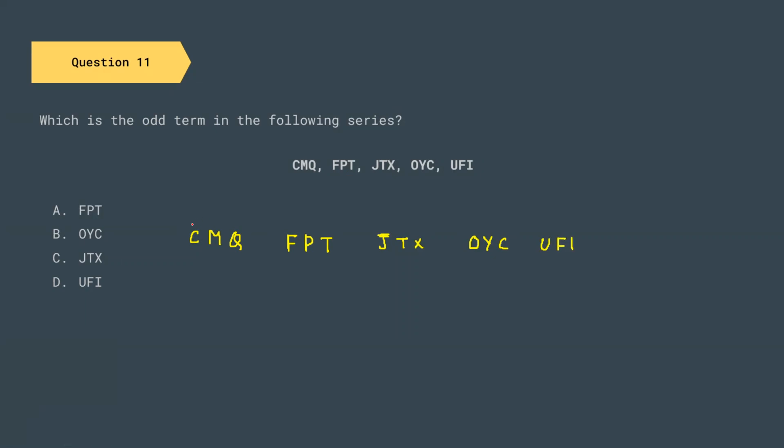So let us think. C, then F, that means this is C plus 3. F to J, that means it is plus 4. And from J to O, this is plus 5.